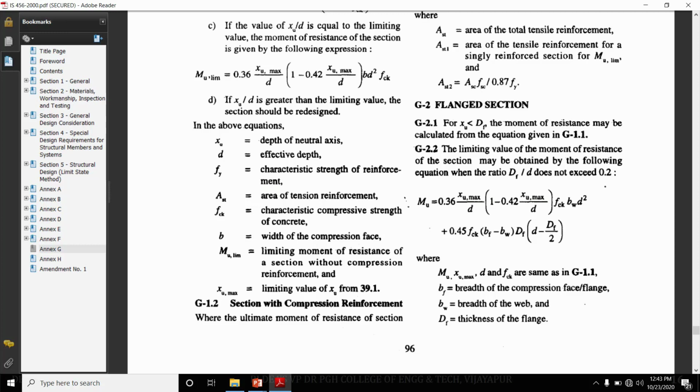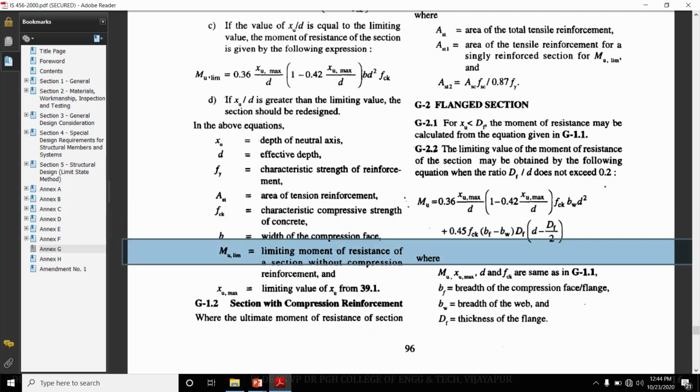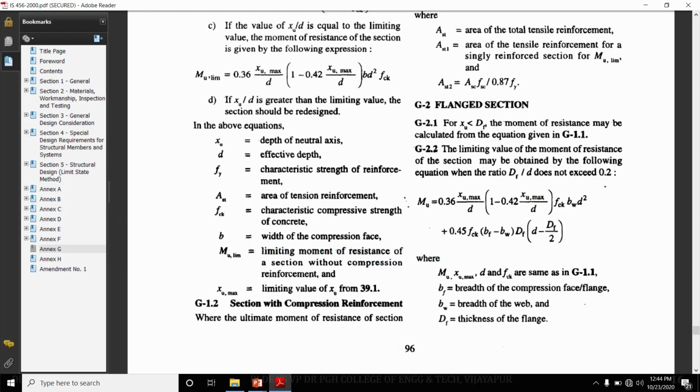Same thing, only instead of B we will have BW. This is for a rectangular section. Then for the additional flange portion, we get 0.45 FCK into (BF minus BW) into DF into bracket of D minus DF by 2, when DF does not exceed 0.2.